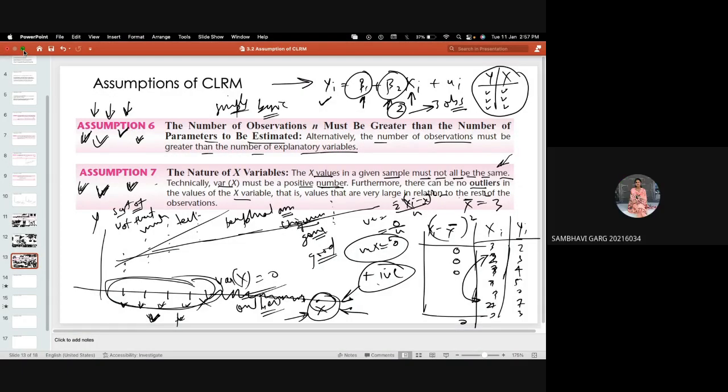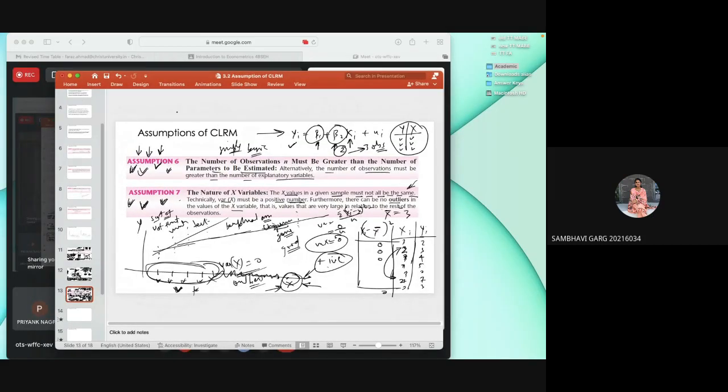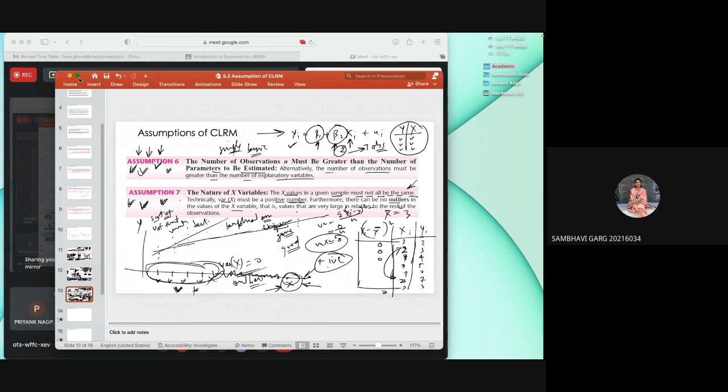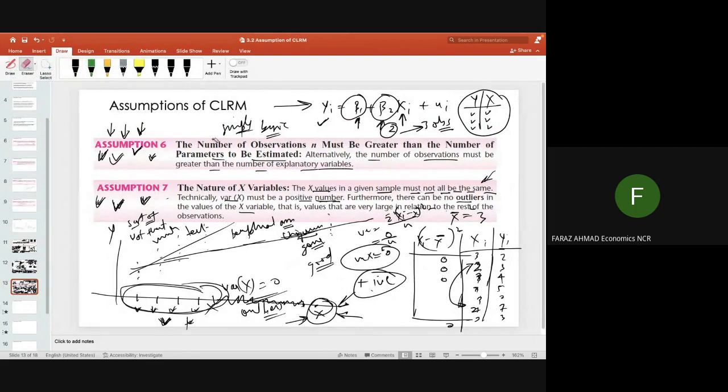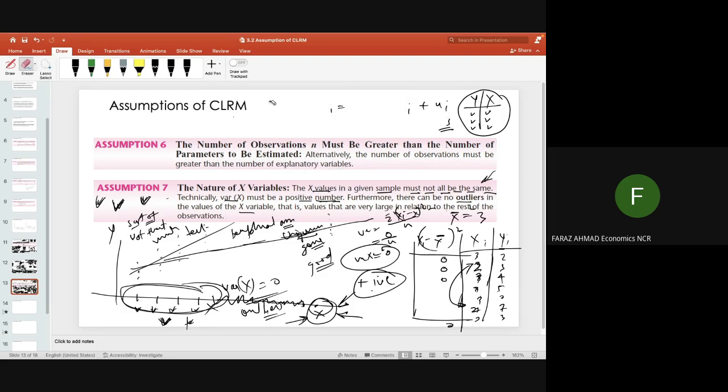Got it? The third point, sir. What do you mean by outliers? Okay, an outlier is an observation in a data set which is very big or very small in relation to other values. That is an outlier, right?